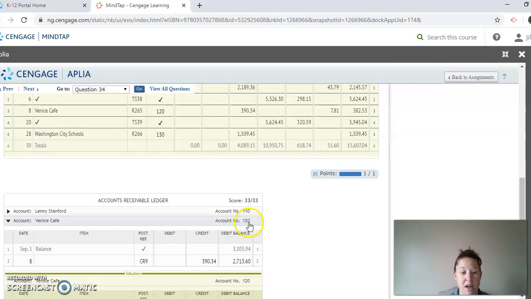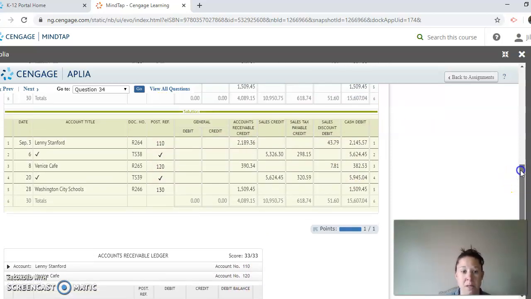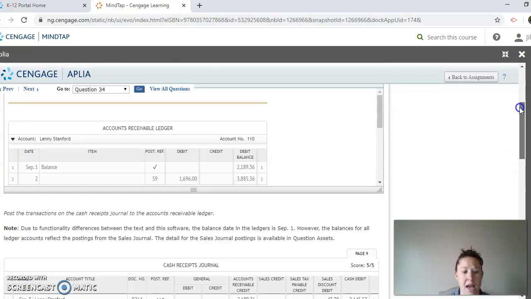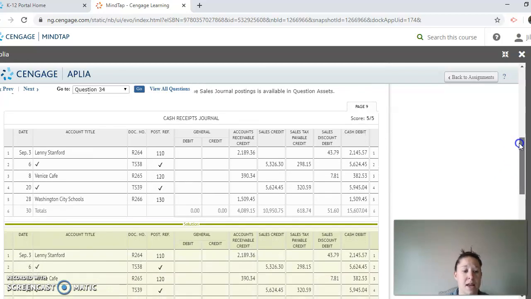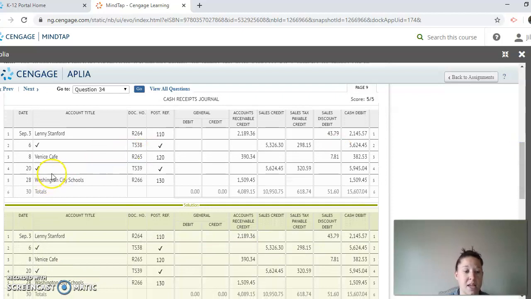And then we put the account number 120 back up in the post reference of the cash receipts journal. Next, on the 20th, this is a sales transaction, so we don't have anything in accounts receivable, so we can put a check mark. Again, if there's a check mark in the account title, then you're going to put a check mark in the post reference.